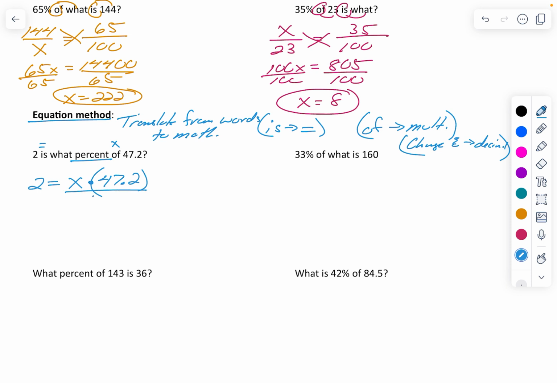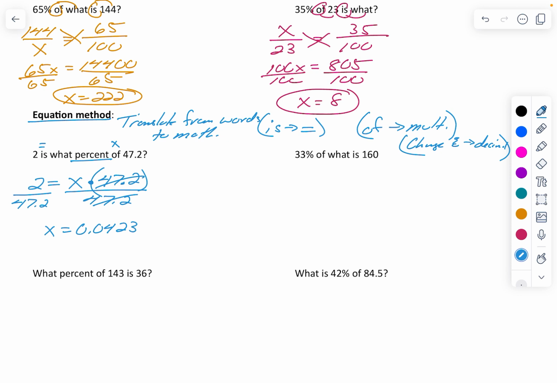Now to solve this equation, we would divide both sides by 47.2. These cancel out, and x equals 2 divided by 47.2, which is 0.0423, and so on.